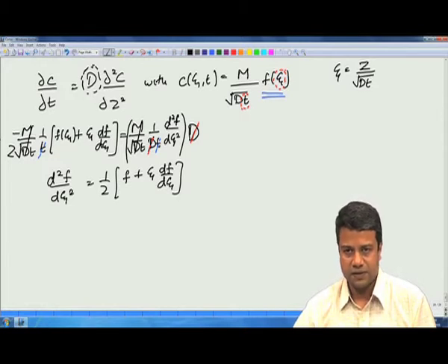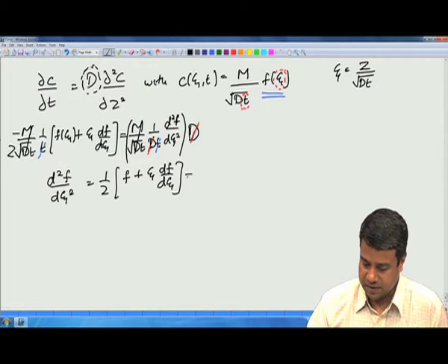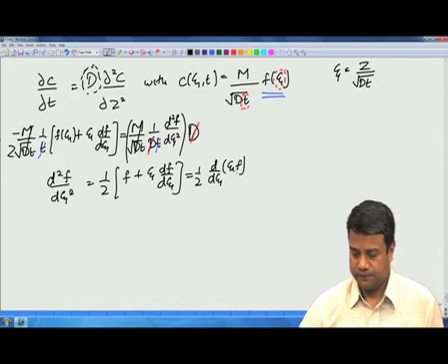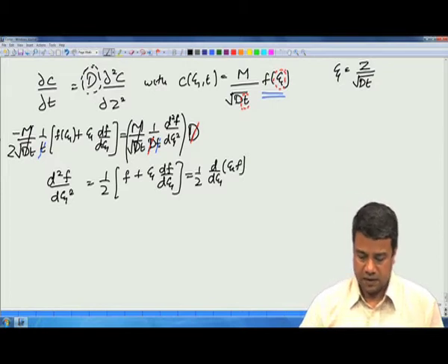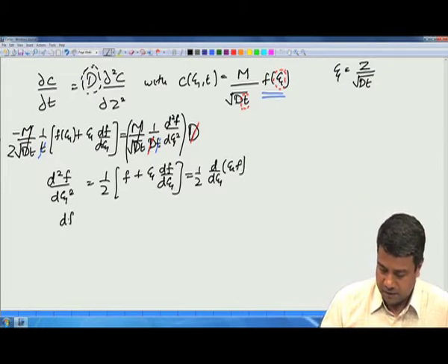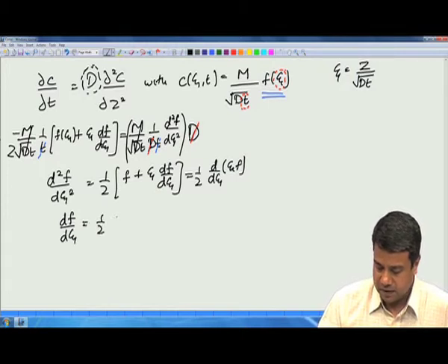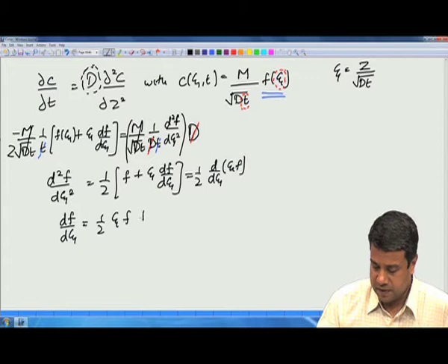It is actually quite easy to solve this equation because this can be written as half d by d psi of psi f. Integrated once, you will get df by d psi is equal to half psi f plus a constant A.